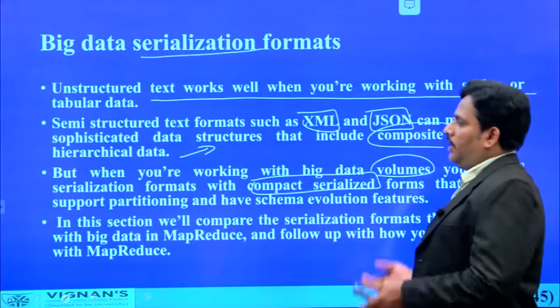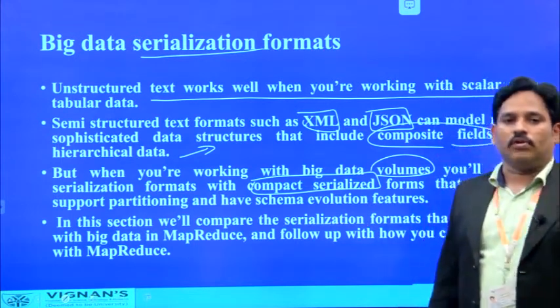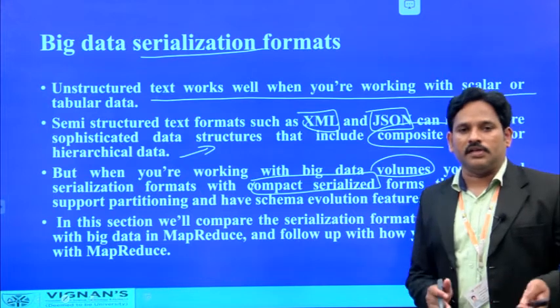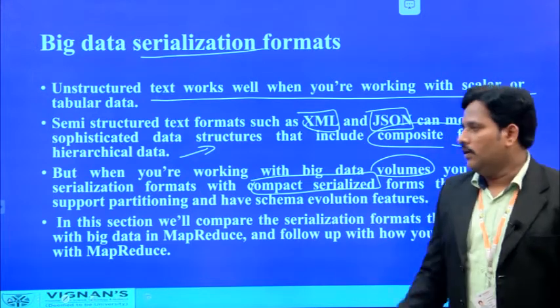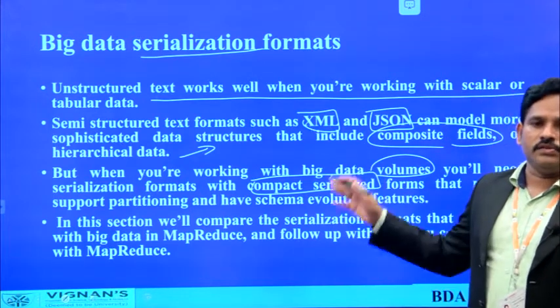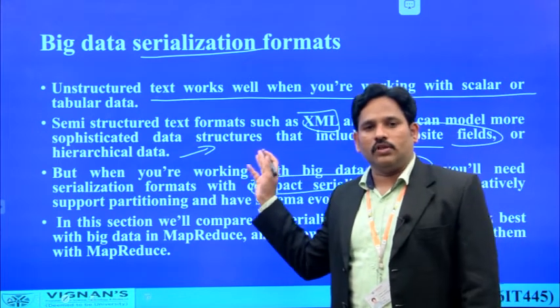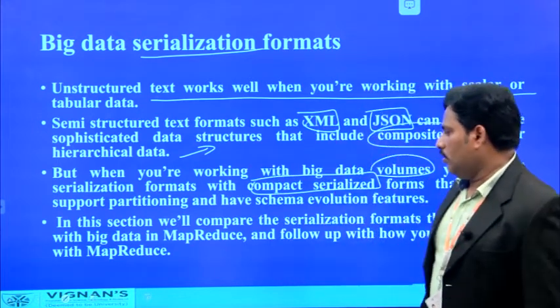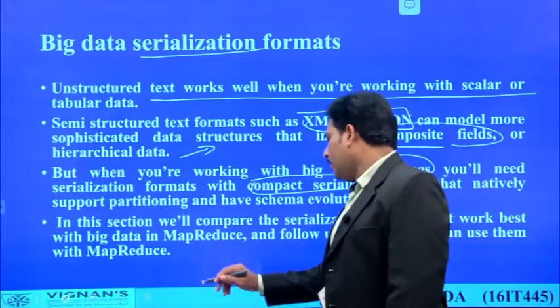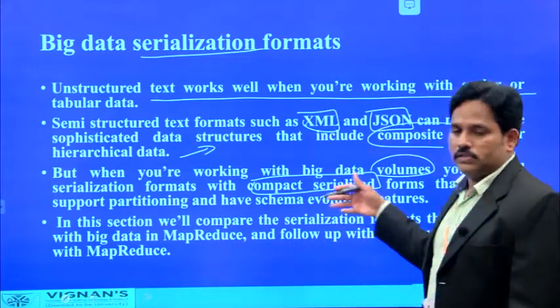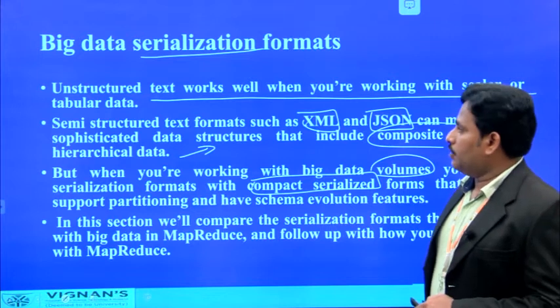If it is unstructured data, we can go for scalar and tabular data in order to reconvert or rearrange the data in a structured format. If it is already semi-structured data, we can use XML and JSON formats to store the data. Now, we will compare how MapReduce works with all these serialization formats.